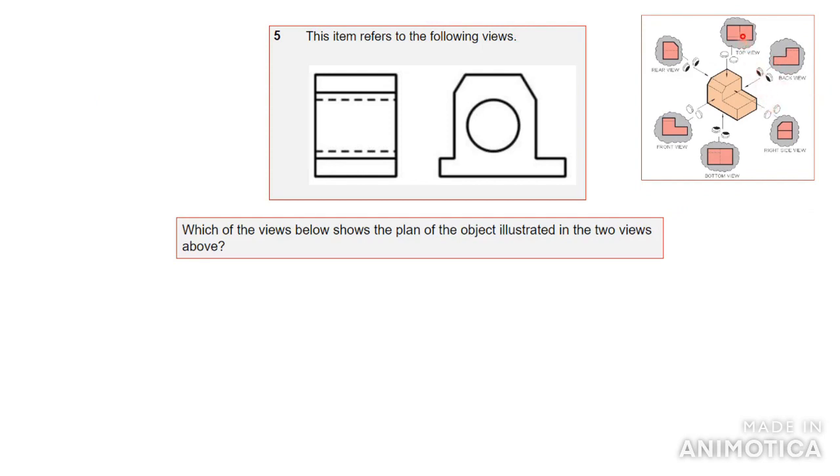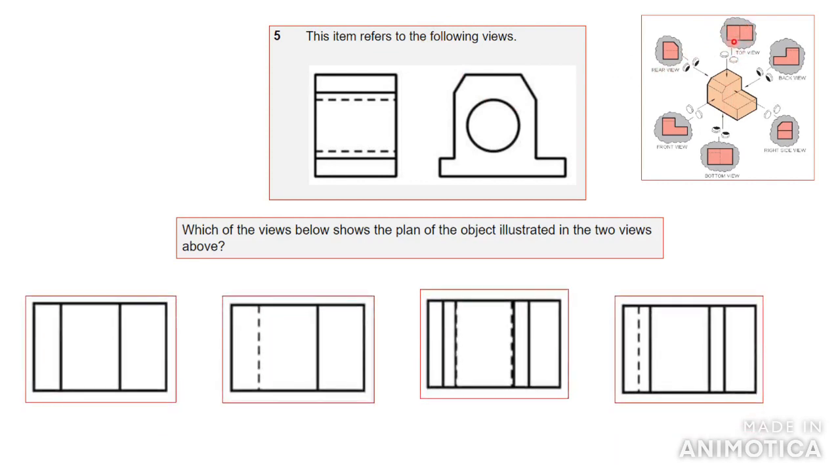You have the top view, back view, right view, bottom view, front view, and the rear view. So what we are looking for is the top view. If you look at this drawing, what would you see to the top looking down onto the drawing? And this is an example of it in 2D. And these are the options.